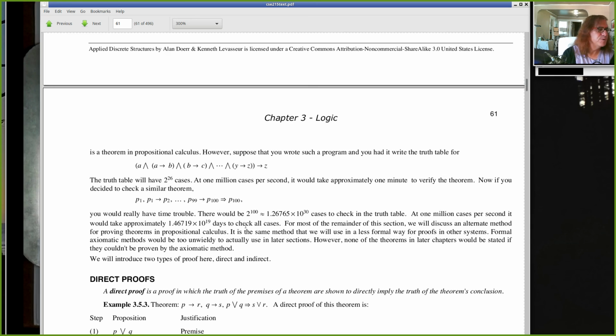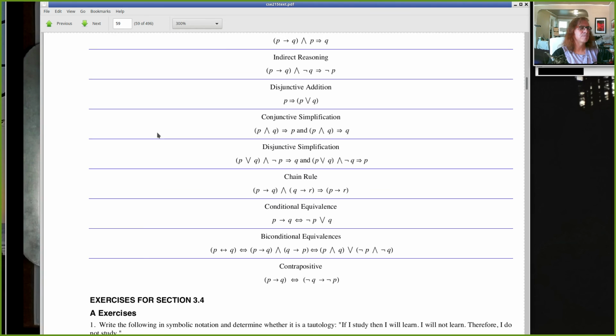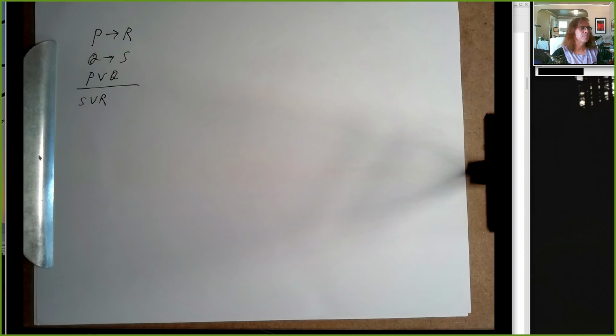So let's pull one of these out from the book. So we'll do example 3.5.3, which says if P then R, if Q then S, P or Q, and therefore S or R. All right, so here's the theorem we want to prove.